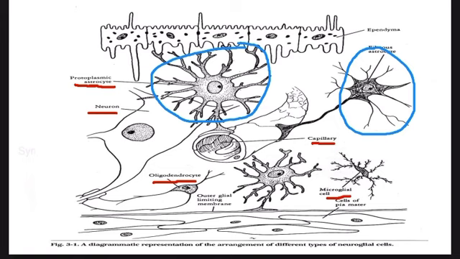Not two types. Their location is different. It's not types, it's only their location. We're going to talk about this later. The last one is the ependymal cell, in the next slide. So this is the astrocyte. The neuron's location is known, this is it here.